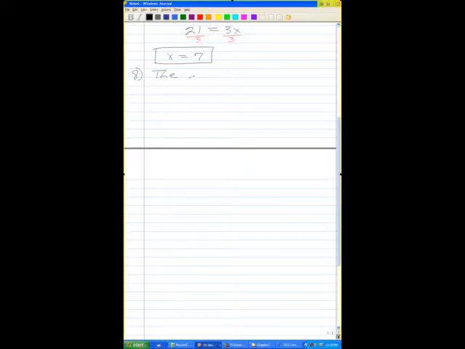The difference of 5 times a number and 1/2 is equal to 1/3 times the number. What is the number?